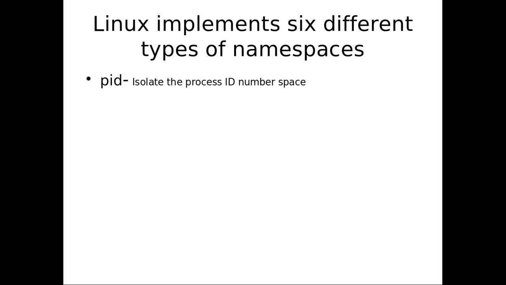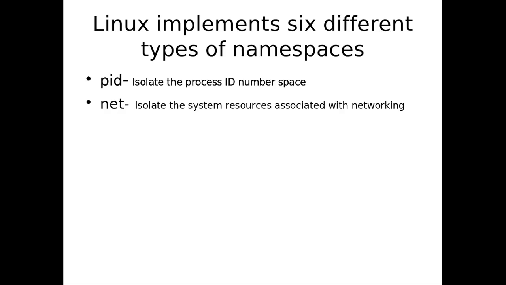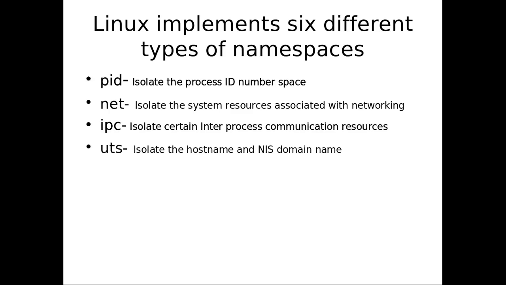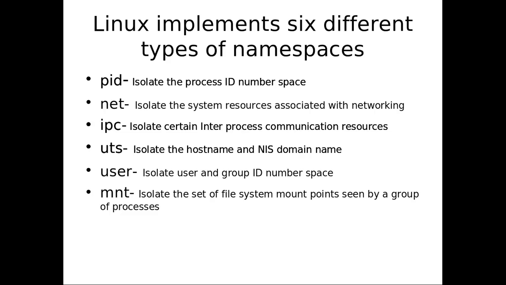Network isolates the system resources associated with networking, for example IP addresses, IP tables, etc. IPC isolates certain IPC resources. UTS isolates host name and domain name. User isolates the user and group ID space. MNT isolates the mount points of the file system seen by a group of processes.